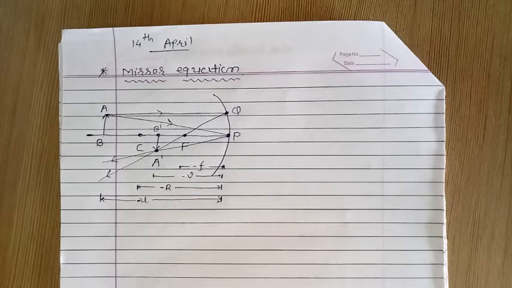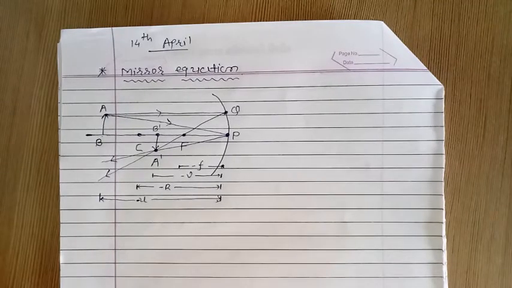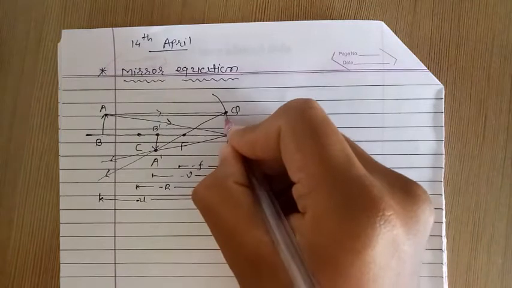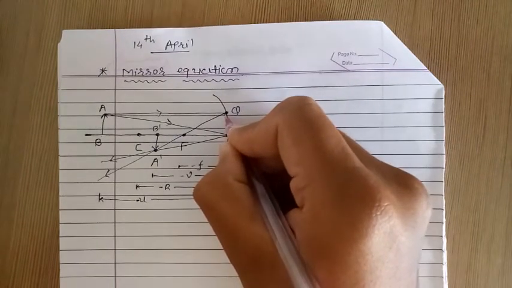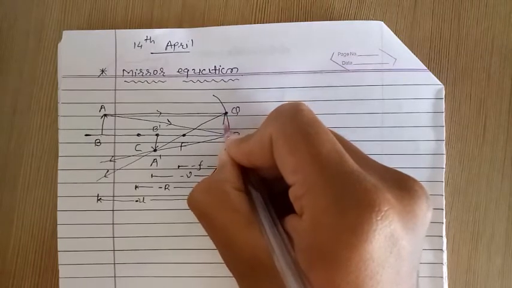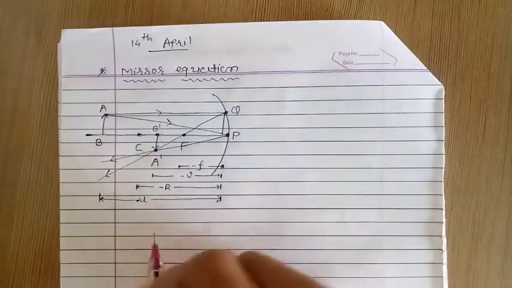Okay, we have to prove the mirror equation. You already know the equation of the mirror: 1 by u plus 1 by v is equal to 1 by f, right? Now here we draw a normal from point Q to the principal axis like this, right?